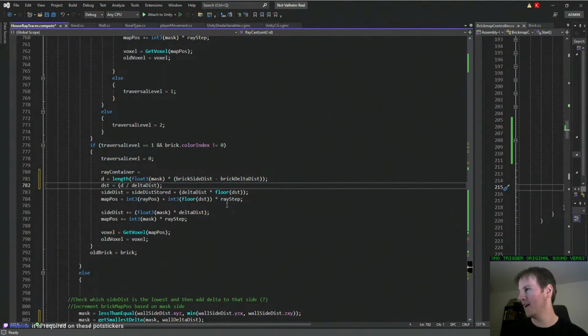You don't need to do that at all. Current ray position, ray origin plus ray direction times D, yeah?